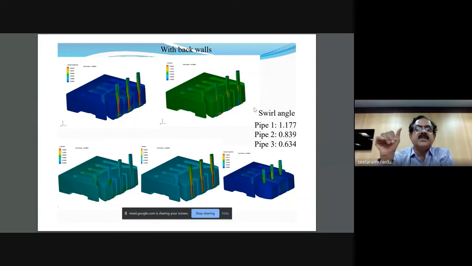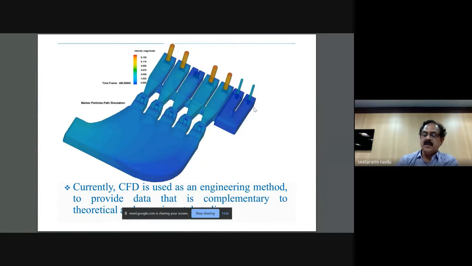NTPC also accepted this arrangement, and the implementing agency, L&T Vadodara, faced a lot of difficulty at site also during execution of this project. So my suggestion is, as far as possible, avoid circular intake and try for a rectangular type of intakes.